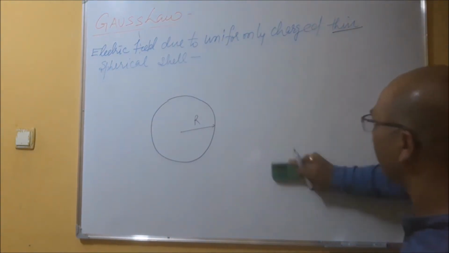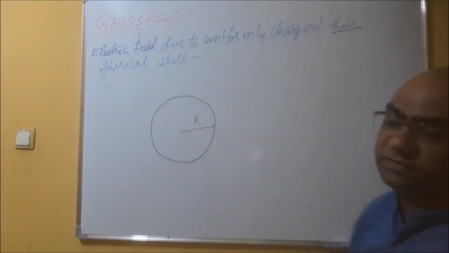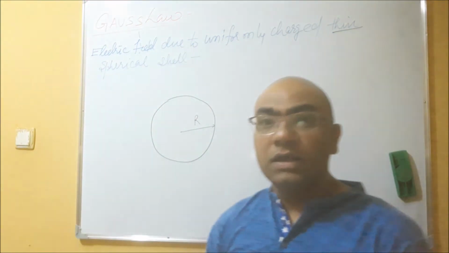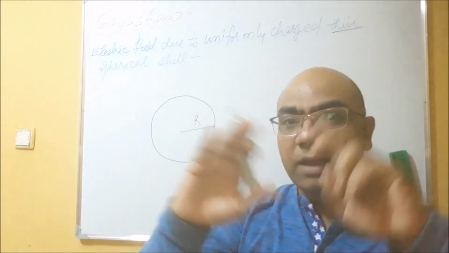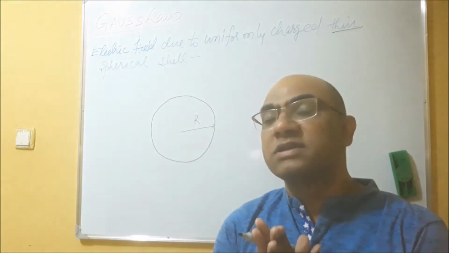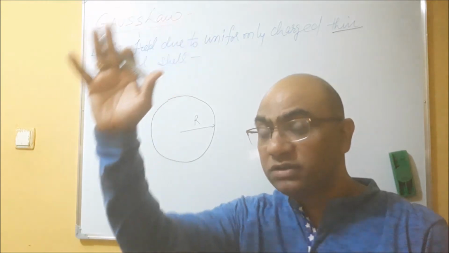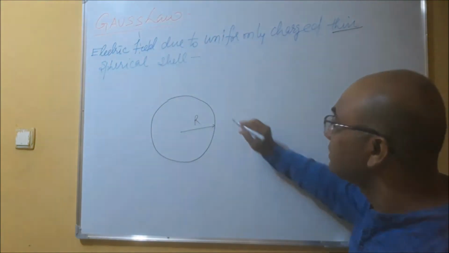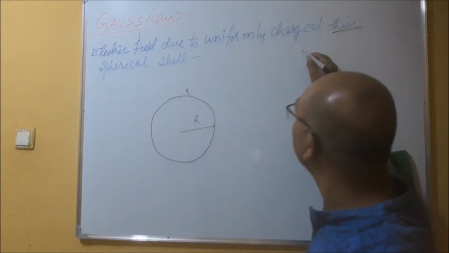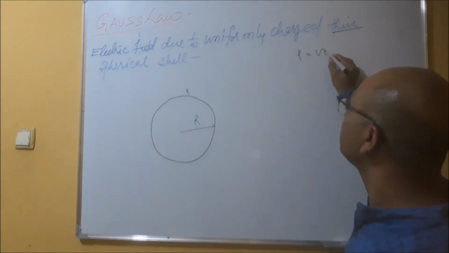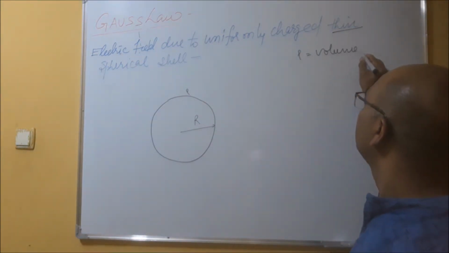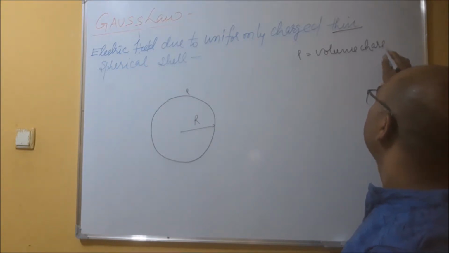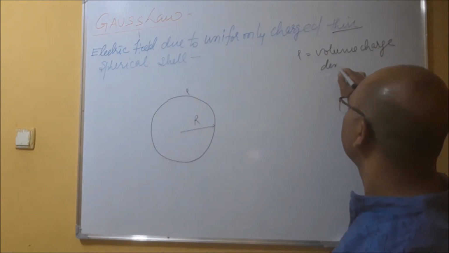This is the advantage of saying thin spherical shell. Again, it's a three-dimensional figure, so charge is distributed in three dimensions. So say this is rho. What is rho? Volume charge density.